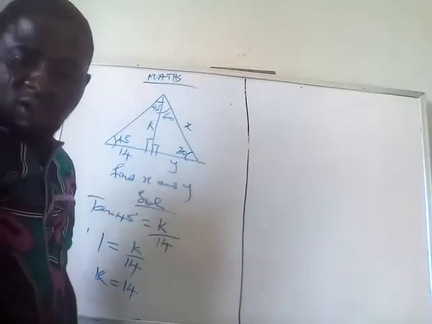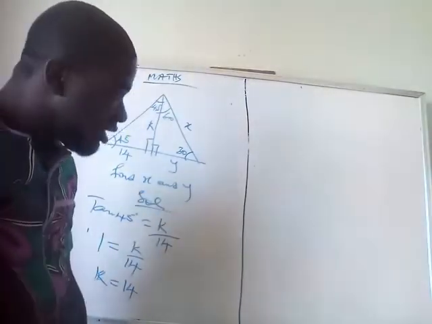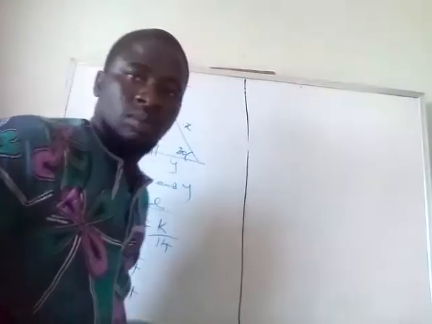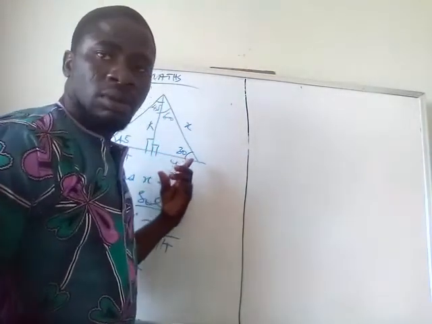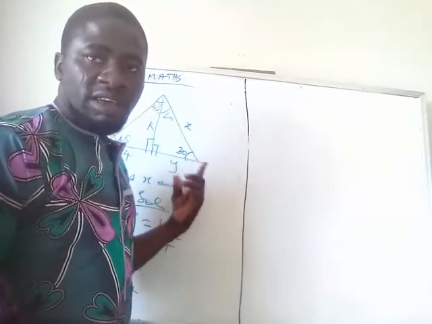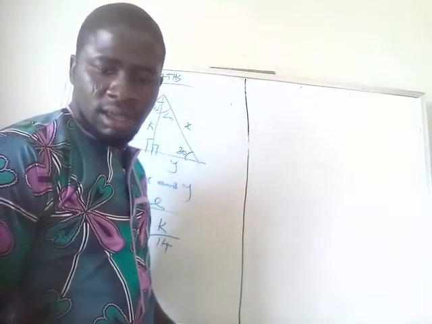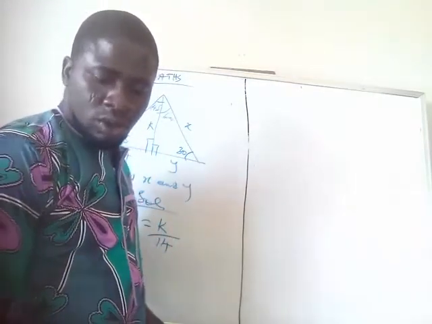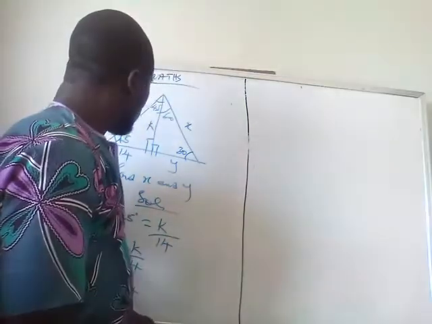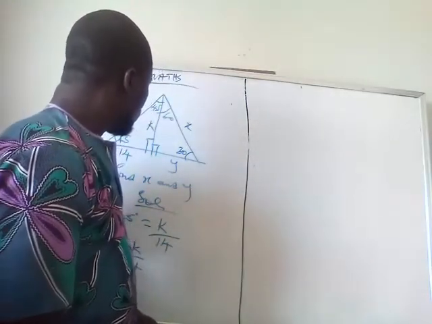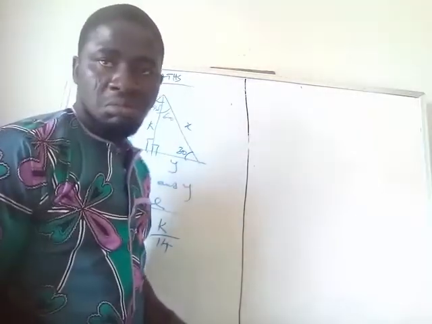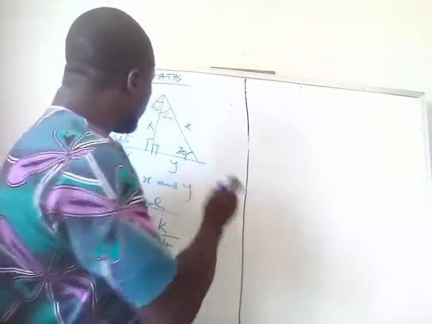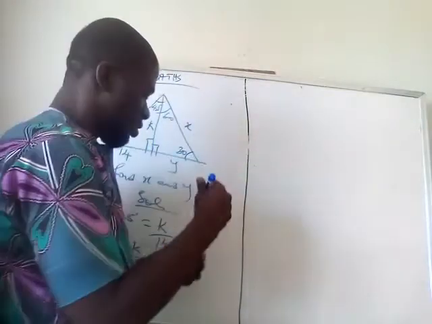So if we are done with K, we go to the next side. Whichever one you want to solve first is left for you. So we go to any one. Sin 30, opposite over hypotenuse.